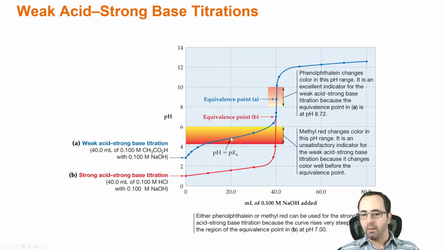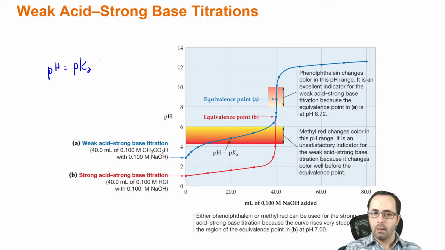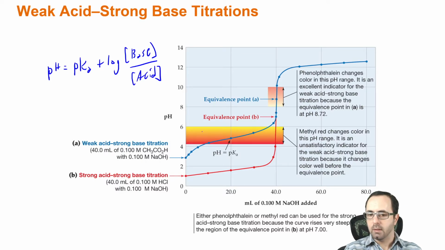And so at this point, if we're halfway through, looking at the Henderson-Hasselbalch equation, pH equals pKa plus log of the base over the acid. Salt over your potatoes. Now, at the halfway equivalence point, you're going to have neutralized half of your weak acid and turned it into your conjugate base.